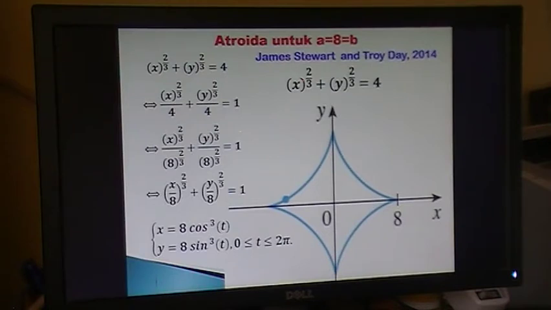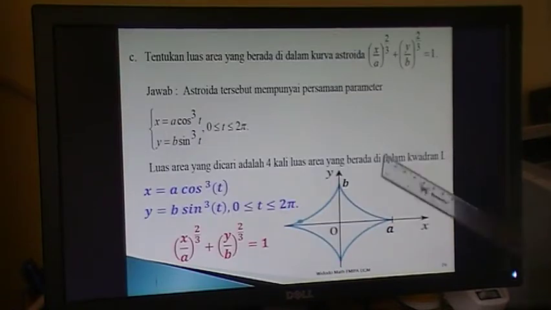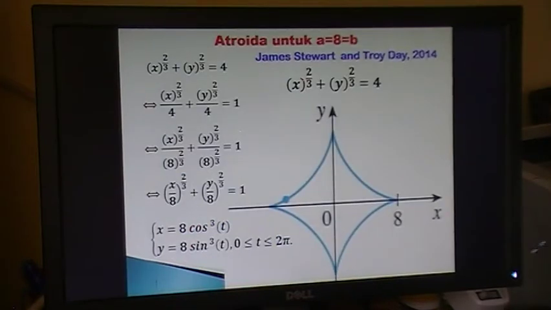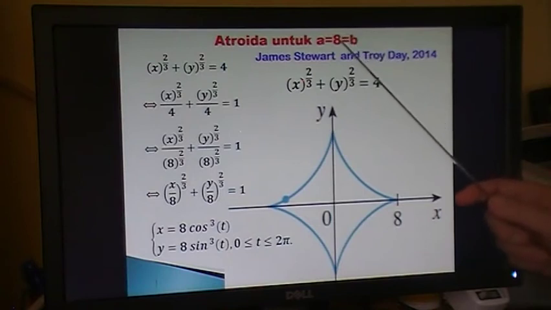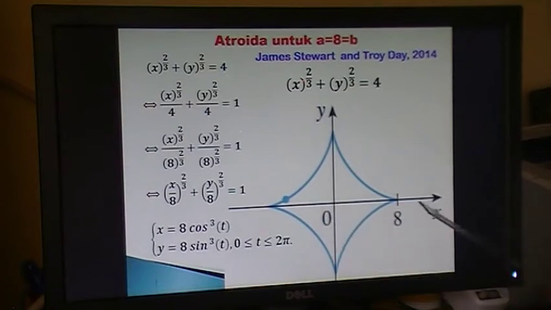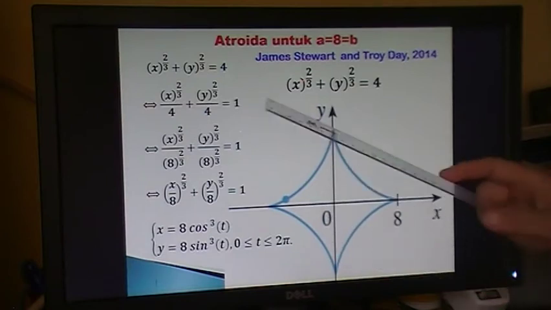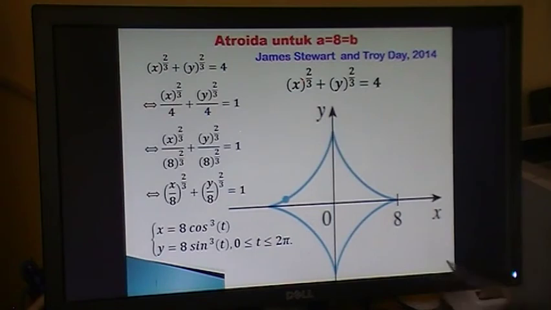We will see the simplest one. I think it is better if we take numbers for a and b. Here in the asteroid, when a equals b equals 8, we have the simplest one, and we want to count the area of this one. I took this asteroid from the book of Stewart and Troy.